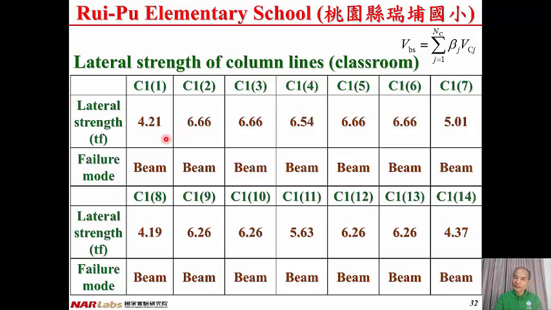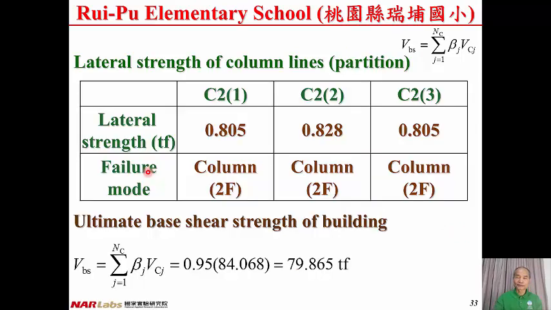And the lateral strength varies from 4.21 ton-force to 4.37 ton-force. And the failure mode, all of them are beam failure, maybe the flexural failure on the second floor or on the roof.